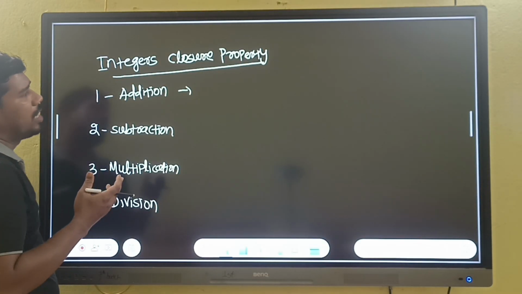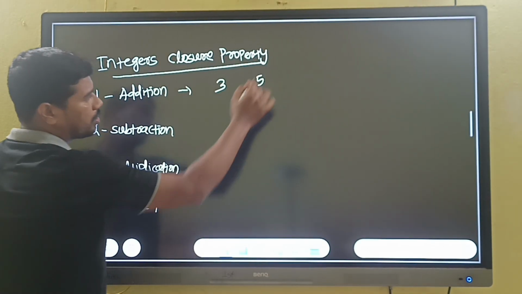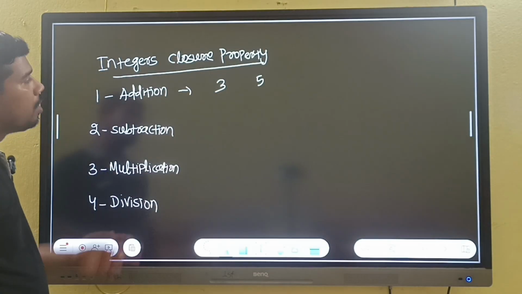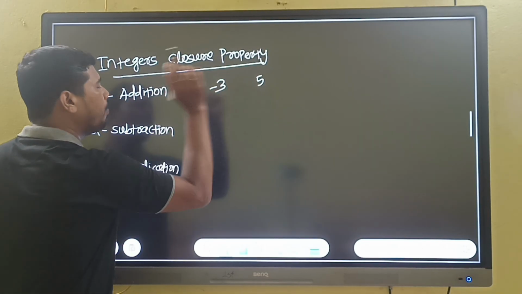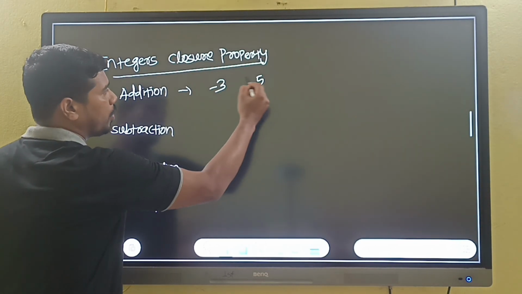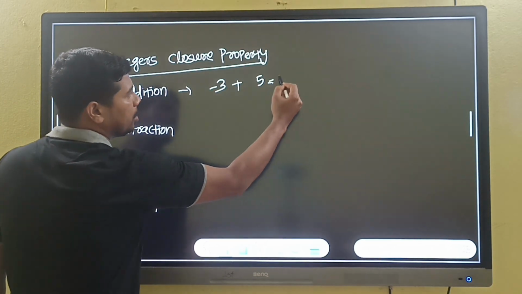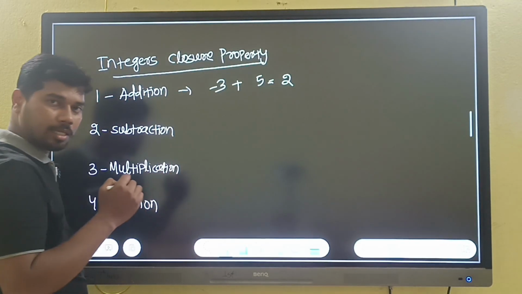Suppose let's take one number 3, another number 5. These two numbers are positive integers. Or you can take -3 and +5. If you add these two numbers, the result is 2. So 2 is also an integer.